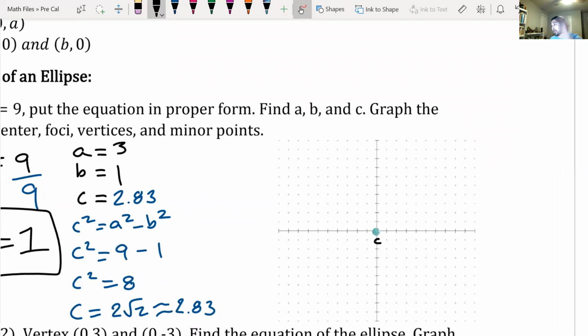And now since we have a major axis on the y-axis, to find the vertices, how many spaces am I going to go above and below the center? 3. So here is vertex 1, vertex 2. And then for my foci, I'm going to go up 2.83 and down 2.83. So that's going to be really close to my vertices.